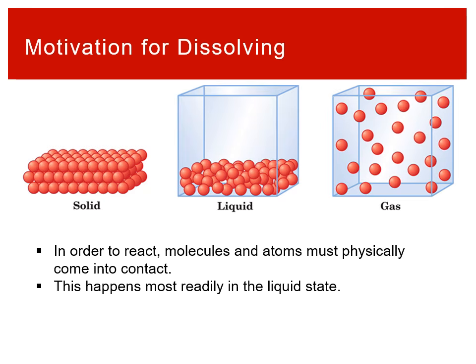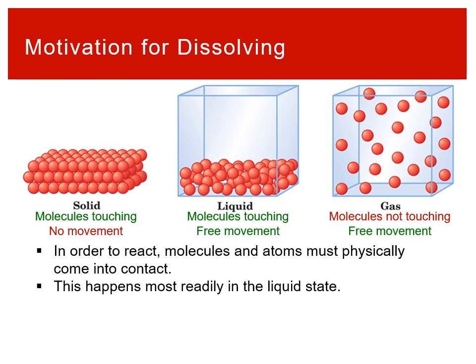So why do we dissolve things? Especially in the chemistry lab, we know that forming solutions is good because you can modify properties, but it's also really important for running chemical reactions. We'll talk about how chemical reactions happen as we move forward, but in order for it to happen, molecules have to touch. Okay? So if we think of the different phases of matter, in the case of, say, a solid, the molecules are all touching each other, but they don't move.